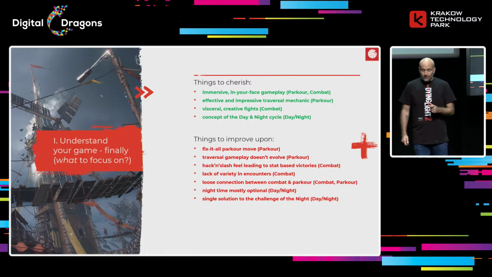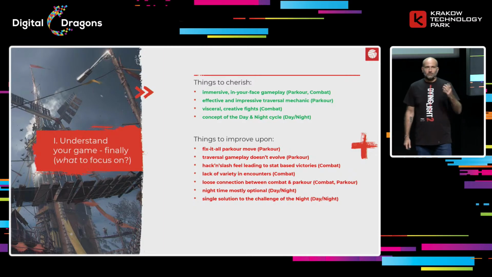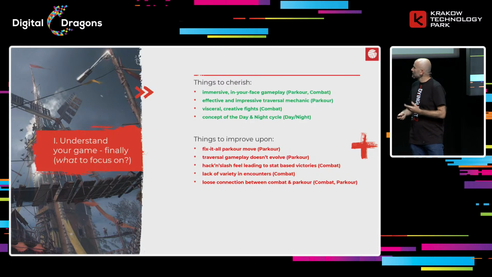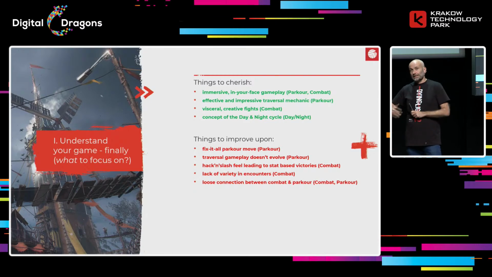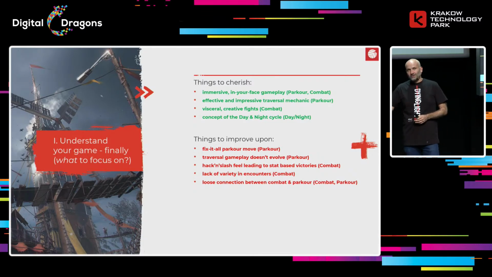We have also found out, mostly by analyzing data, this wasn't really clear from looking at player feedback, but we saw in the data that we gathered from the game that a lot of people were basically skipping the night part. They didn't play it at all. So we thought that our master plan of delivering 2 games in one basically failed, because a lot of people were just skipping one of those games, the night part.